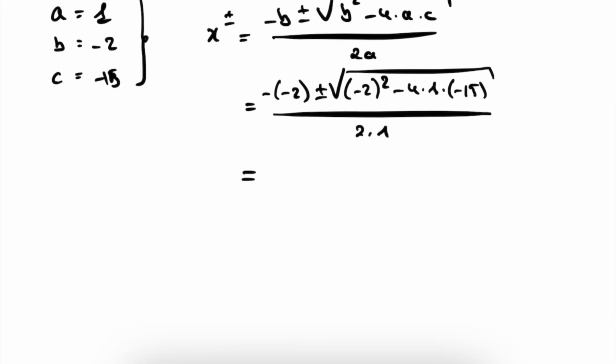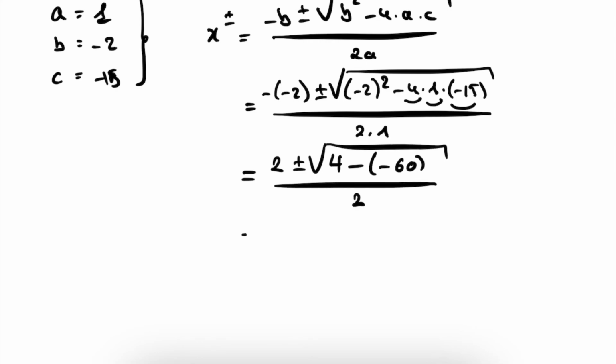Minus minus 2 is just 2, plus minus minus 2 squared is 4, minus 4 times 1 is 4, times minus 15 is 4 times minus 15 is minus 60, divided by 2.